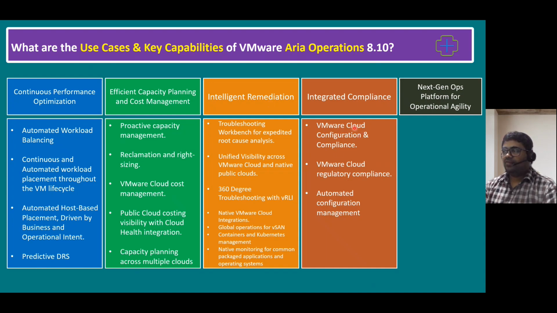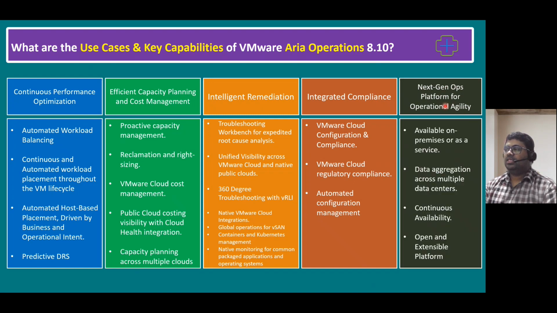And integrated compliance. For compliance, we have VMware cloud configuration and compliance and cloud regulatory compliance, specifically for VMware cloud, and automated configuration management. And next generation platform for operational agility, the main capabilities are available on premises and also as a service. That means software as a service capability, data aggregation across multiple data centers, and continuous availability. Continuous availability means Aria Operations has two types of deployment: standard deployment and advanced deployment.